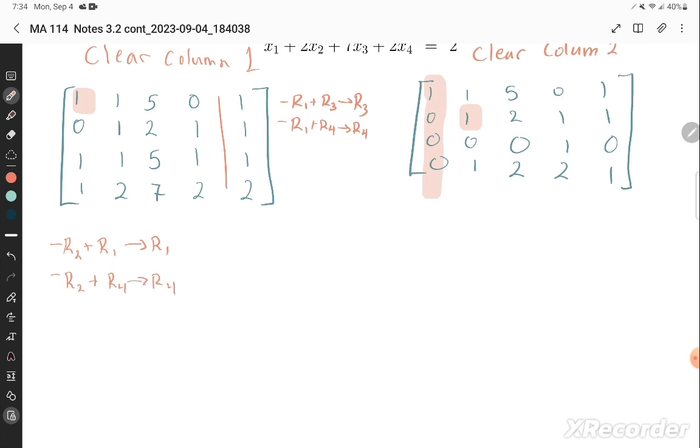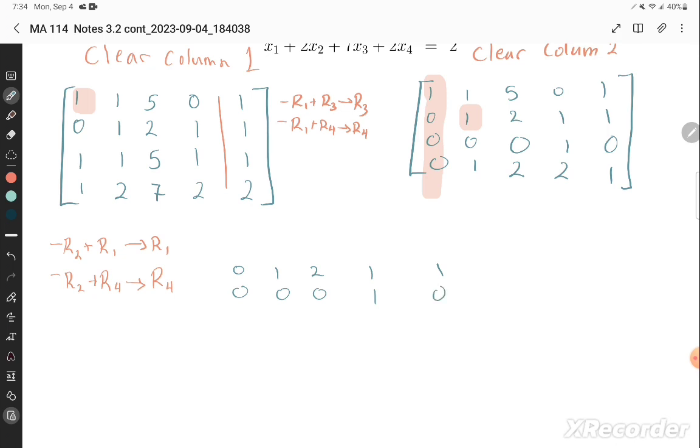I'm so sorry about my handwriting. I'm kind of writing at an awkward angle here. All right. Now, row 2 remains unchanged, so 0, 1, 2, 1, 1. And then row 3 remains unchanged because it's already got a 0.